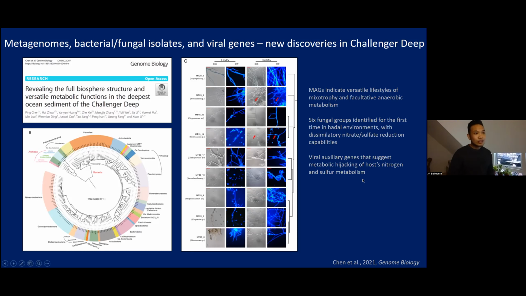And then they also show a range of viral auxiliary genes that essentially suggest that these viruses are potentially making use of the host's nitrogen and sulfur metabolism. It's a really interesting paper, and I encourage you all to look into it. And then they have a range of isolates that anyone, I'm sure, can play around with.